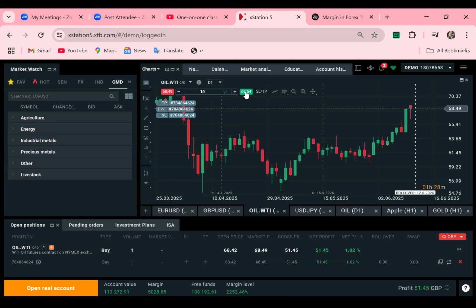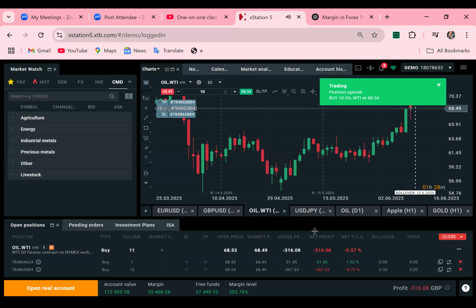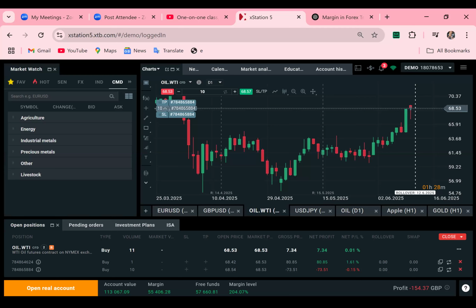I want to place another buy again. Now it has entered. So I'm using my margin, 55,000. Now I'm using my free fund, which is my free margin, 57,000.